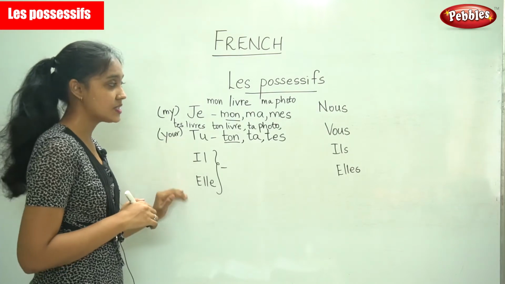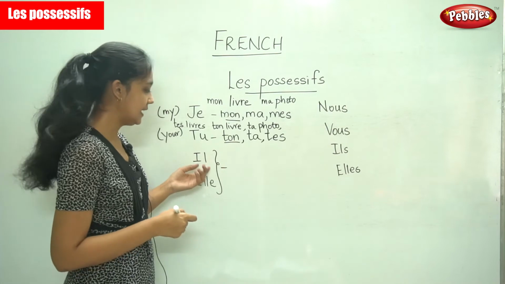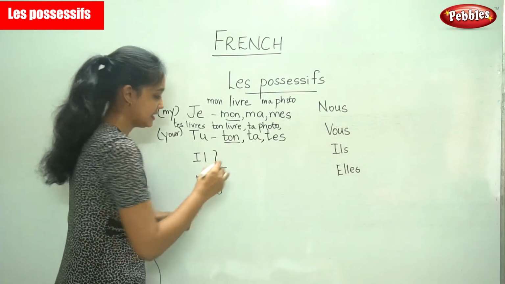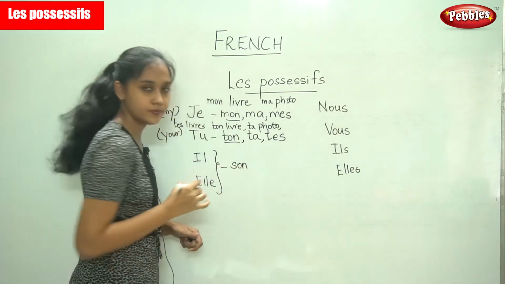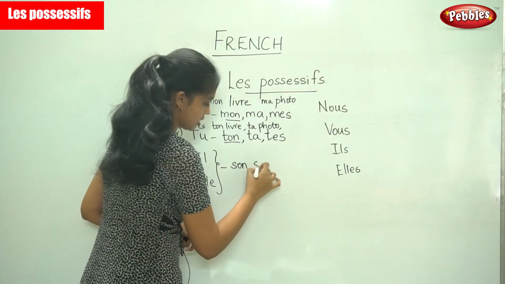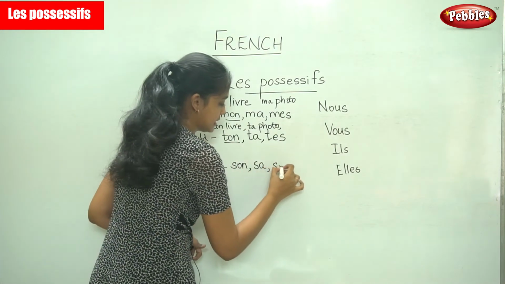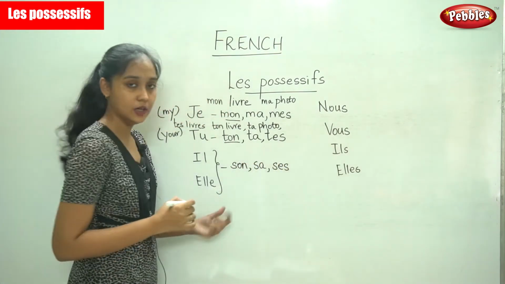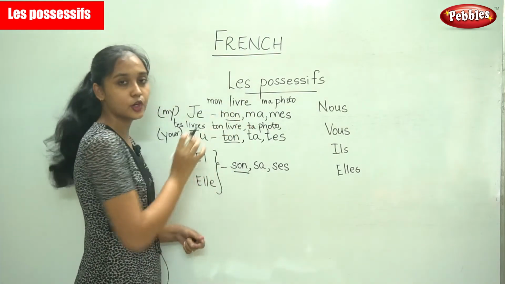Okay, so now we know the possessive adjective for je and tu. So are you ready to see the possessive adjective for the others? For both il and elle, it is son, sa, se. Now this depends upon the noun that is following it.